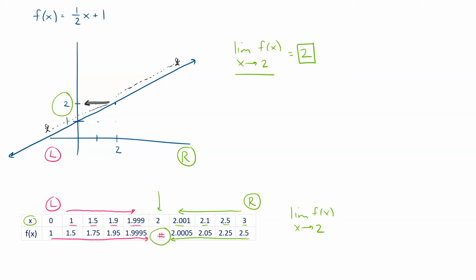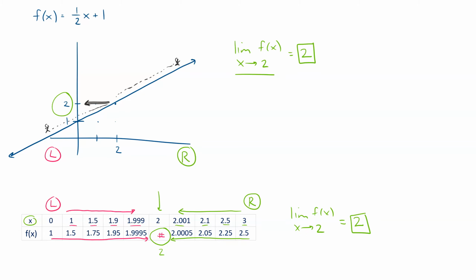That number exists for this graph, but it doesn't necessarily have to. Again, the value does not have to exist for the limit to exist. It's the approach that matters, and you can see that we are approaching a y value of 2 as we approach from the right and from the left. So the limit of the function as x approaches 2 is 2.